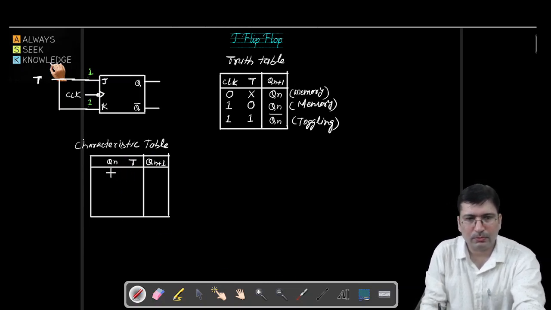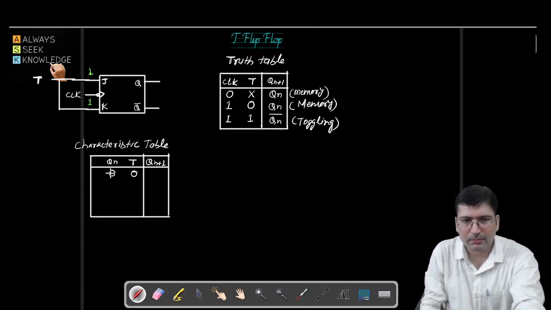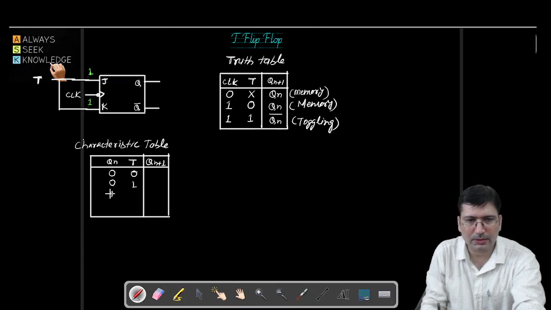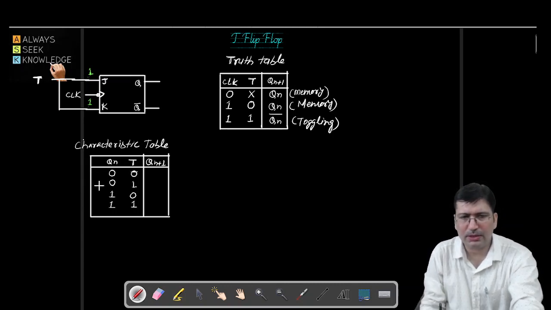So when let's say Qn was 0 and T was 0, if you are not considering clock, then there will be only two rows you can construct. Or if you construct all possible 4 combinations, then also you will get only 2 types of input here. So either you will have 0 1, 1 0 and 1, right? Clock I am not considering, so I am considering in all these 4 cases clock is high only.